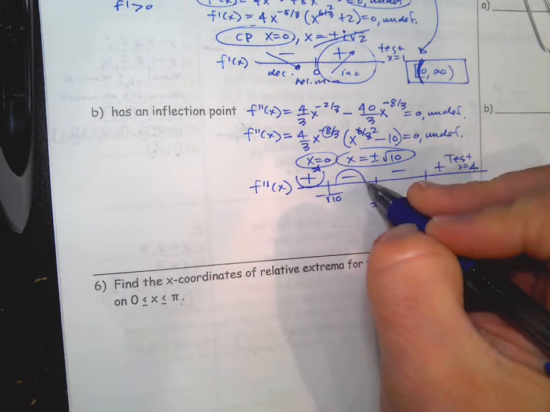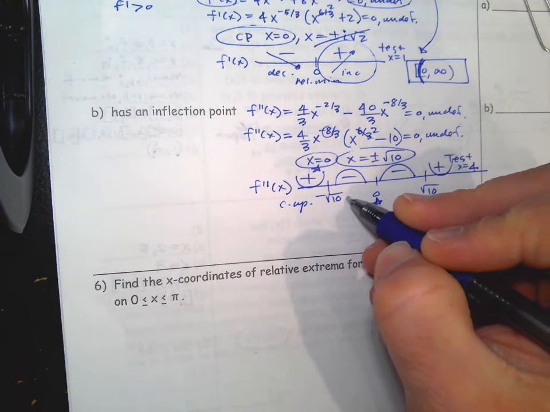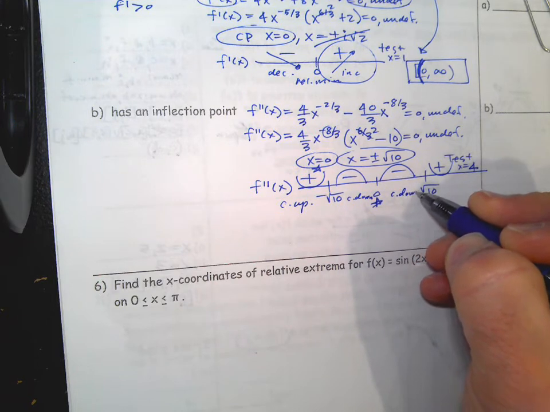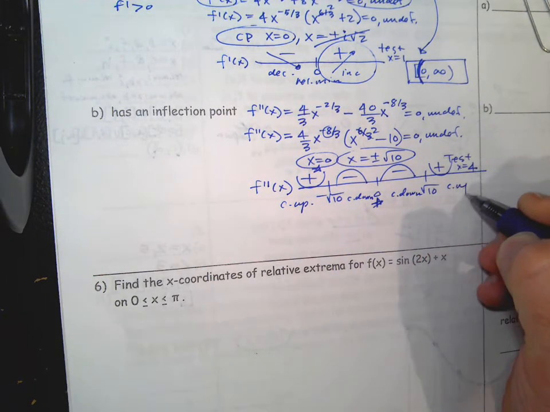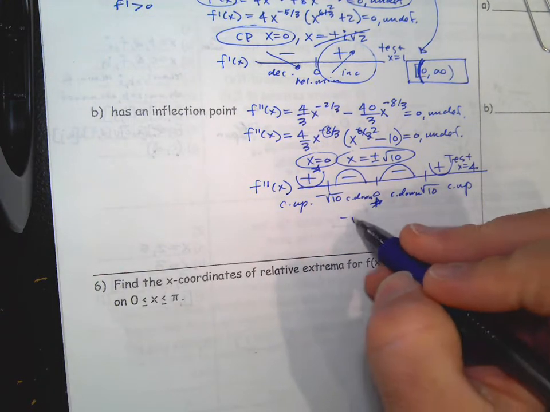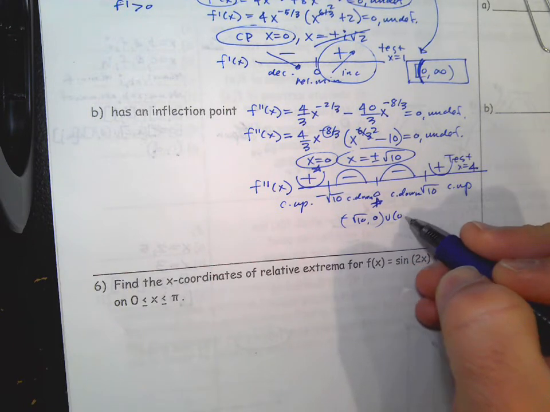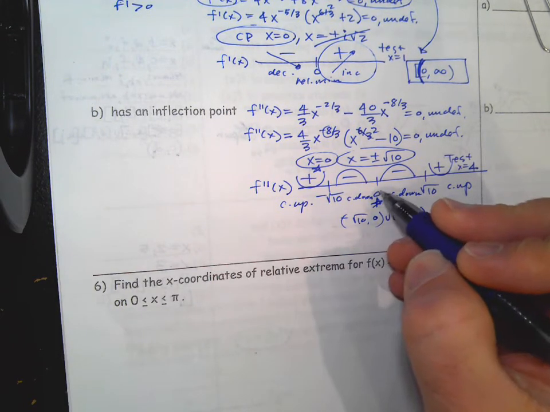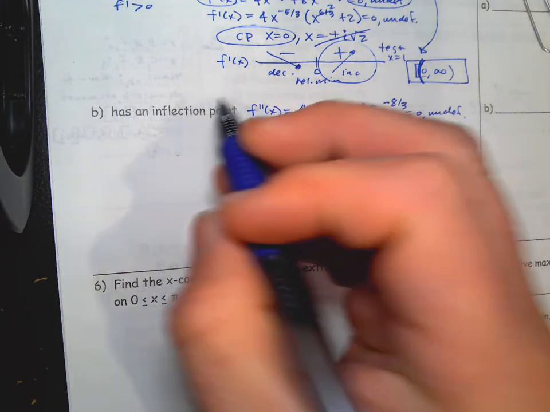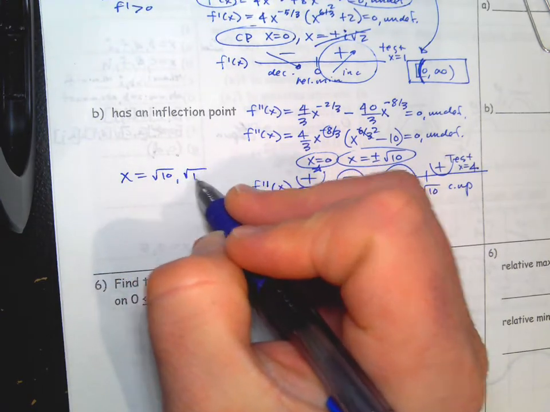Concave up, concave down, concave down, concave up. And we wouldn't include the endpoints for concavity. If they said concave down, you'd do -√10 to 0 and then 0 to √10. It's not concave down at 0. It's neither. So inflection points are just going to be x equals -√10 and positive √10.